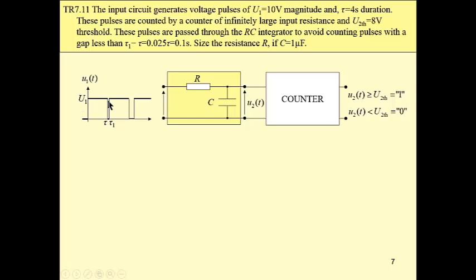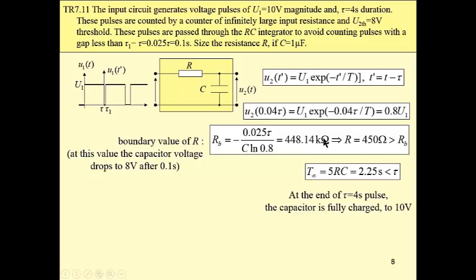Originally the fall time is practically 0 nanoseconds. We can make this time larger by passing these pulses through an RC integrator. So obviously our output is an exponential decay.